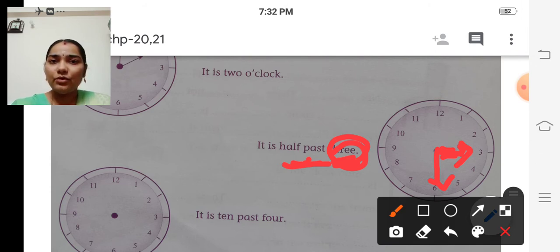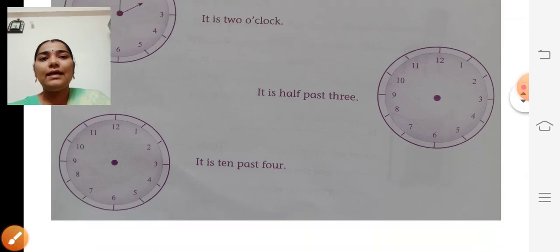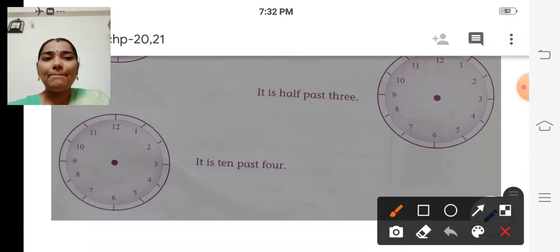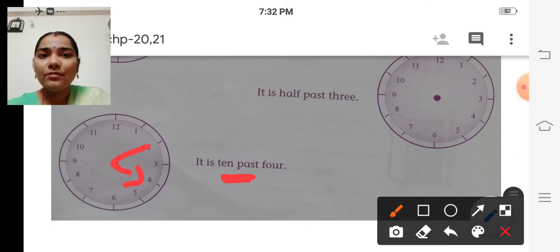Shall we do the next one? Next one is, it is 4:10. So the hour hand should be at 4, isn't it? It is 10 past only. So the hour hand should be at 4 and the minute hand should be at 10 past, so 2.